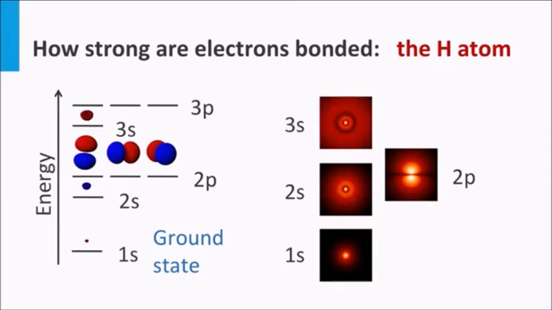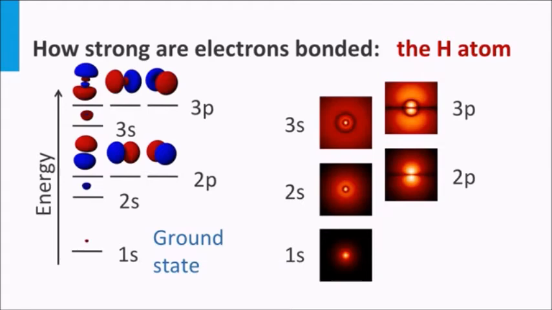We can also go up to the third electron shell, in which the orbital corresponding to the 3s is again symmetric and much larger. The electron is less bound to the nucleus and its average orbit is further away from the nucleus.